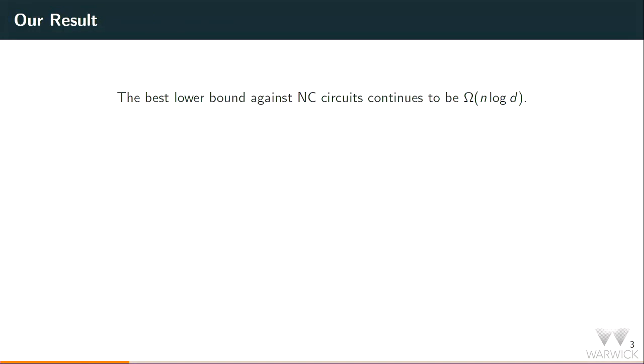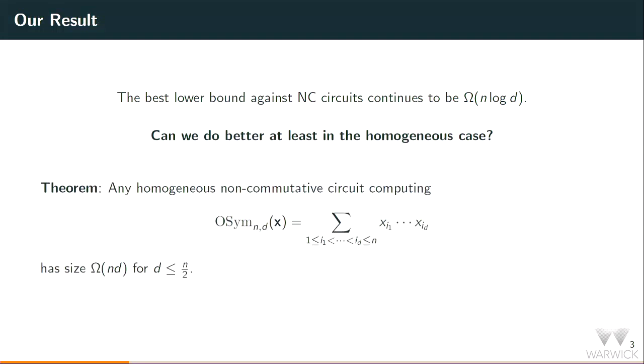But anyway, the next question was, let's put another restriction of homogeneity. Let's assume that we are working against homogeneous non-commutative circuits, and then can we do anything better? In this setting, it turned out that we can do something. We showed that any homogeneous non-commutative circuit computing this ordered version of the elementary symmetric polynomial must have size n^d.